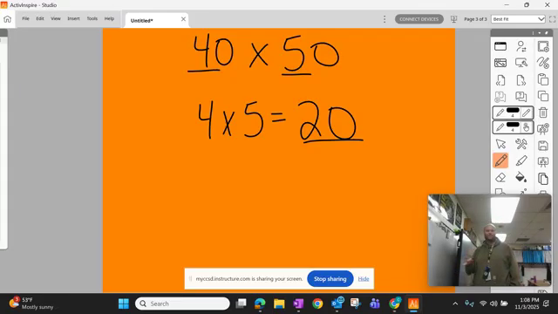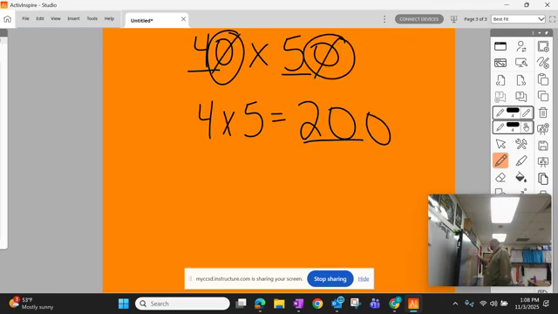So we cannot count that. That's why I try to eliminate those hiccups when I get you to circle those zeros and cross them out as I add them back in. That way you make sure you don't leave out any zeros or forget to add any zeros. So again, basic fact, write that product, add your zeros.